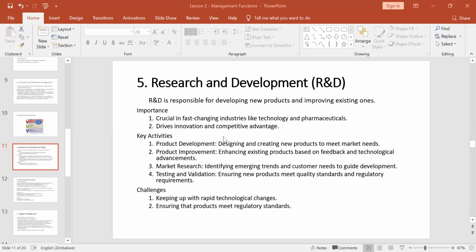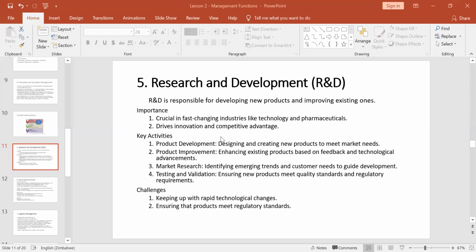Their importance is crucial nowadays, because we know the industries that we have, there's a fast rate of change happening there. So they are crucial in fast changing industries like technology and pharmaceuticals.